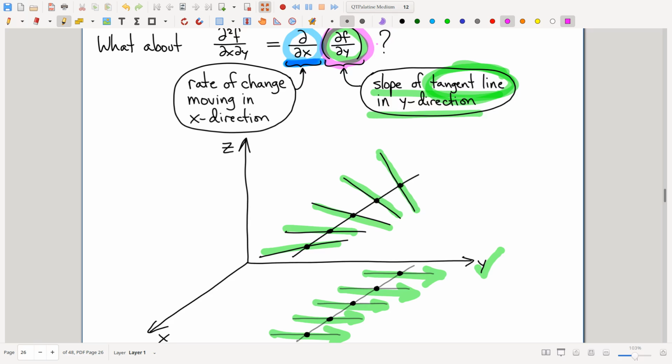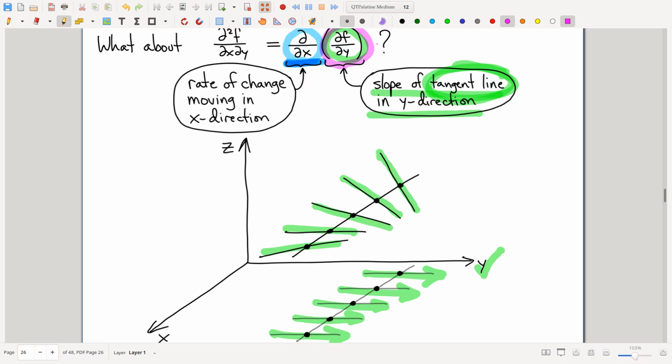The picture we're looking at is the graph of f. That's not what I'm taking an x partial of. I'm taking an x partial of the y partial of f. Are we looking at a graph of the y partial of f? No, not at all. This just isn't a graph of the y partial of f.